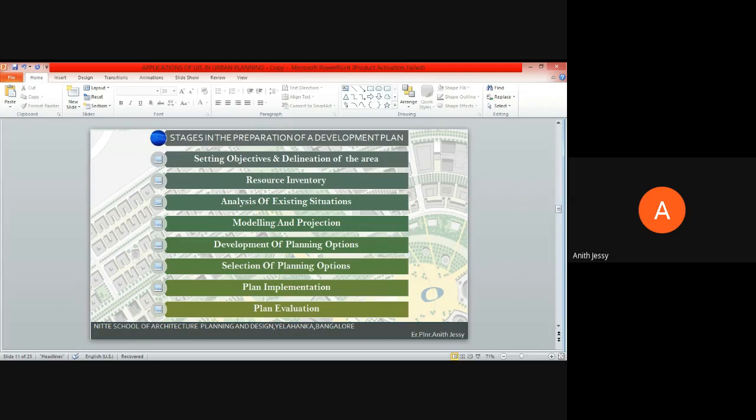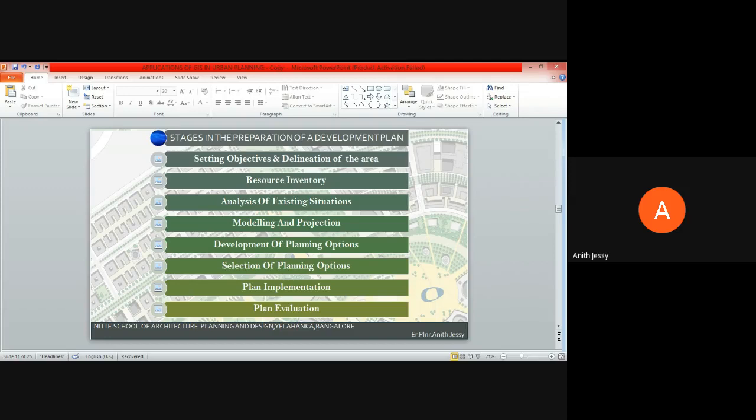Before even going to the study area, I would like to brief you about the process of making a development plan. In town and country planning, we make a plan for a region, for a village, and for a city. It is different each time. Studying or delineating the area itself is the biggest task, and we cannot randomly choose any study area.